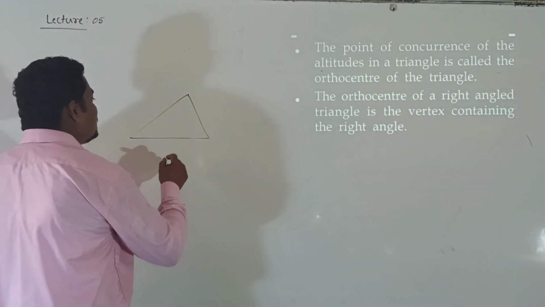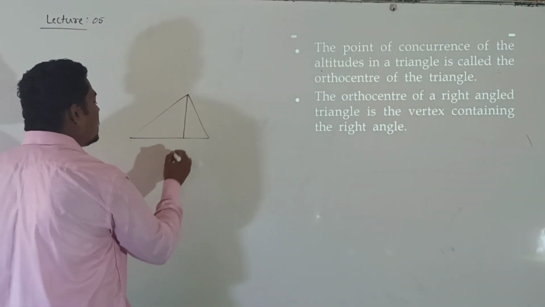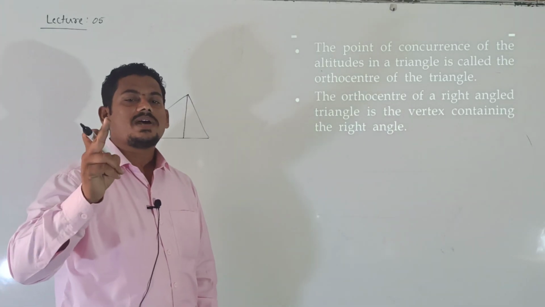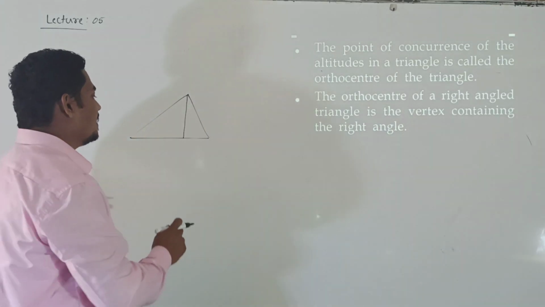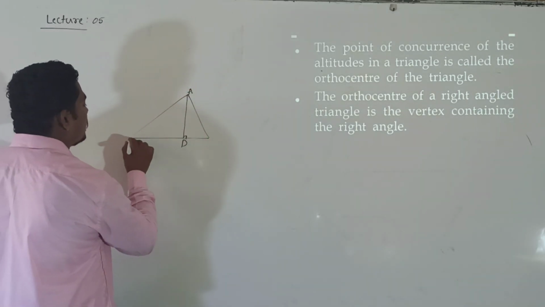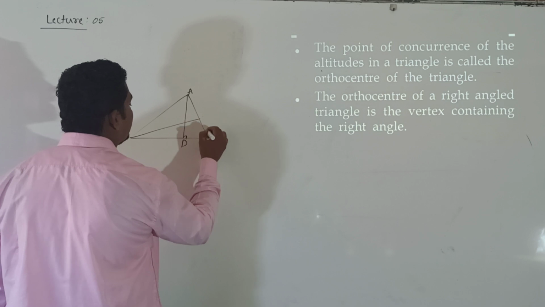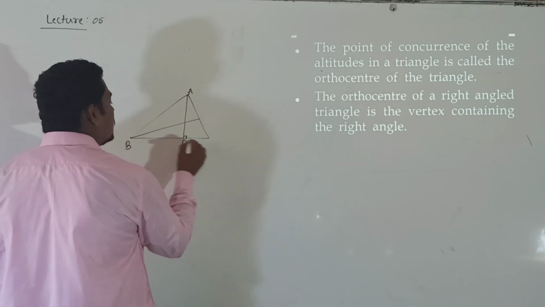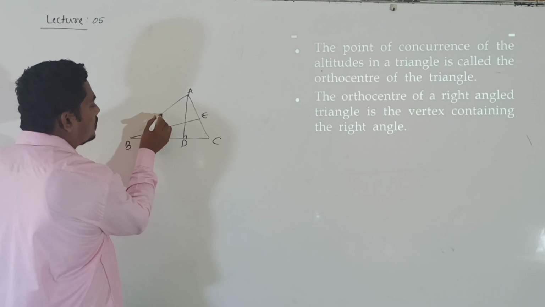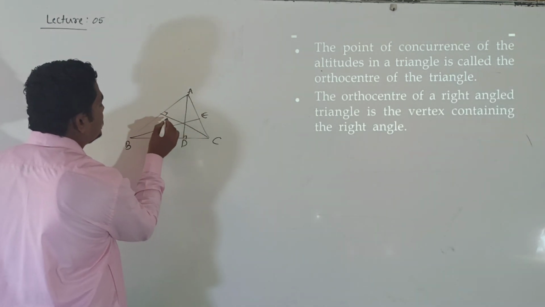Then the point of intersection of altitudes. Already you know the definition of altitude. Altitude is a straight line passing through one vertex and perpendicular to the opposite side. This is altitude AD. Altitudes through vertex B, vertex C, E and F. Clearly this is also perpendicular.